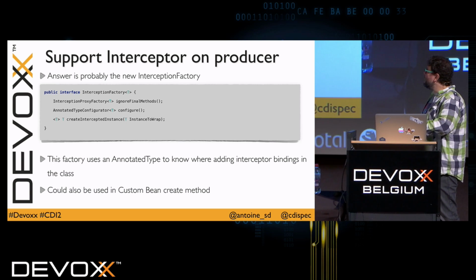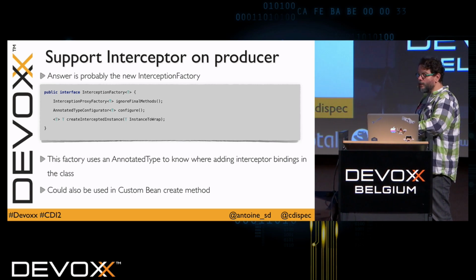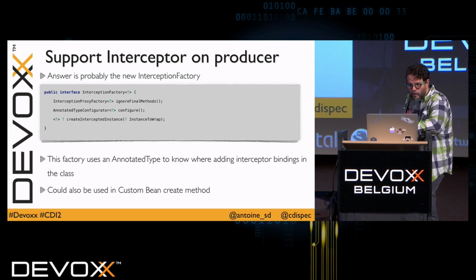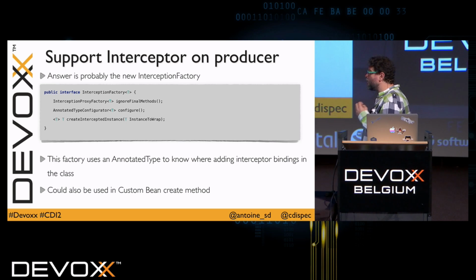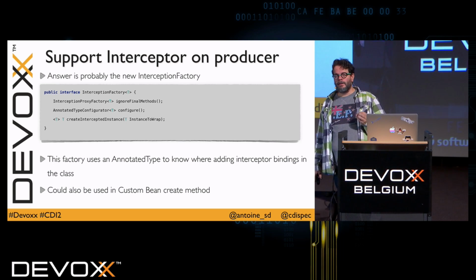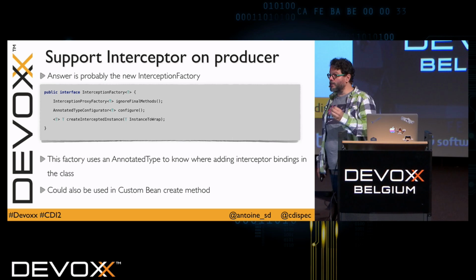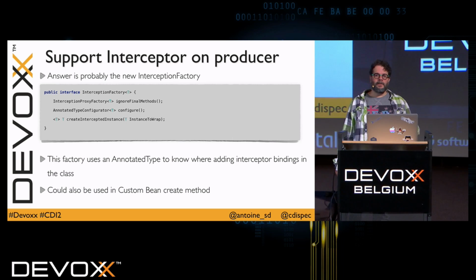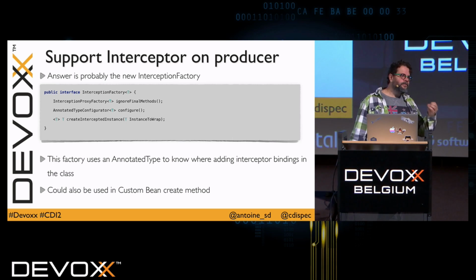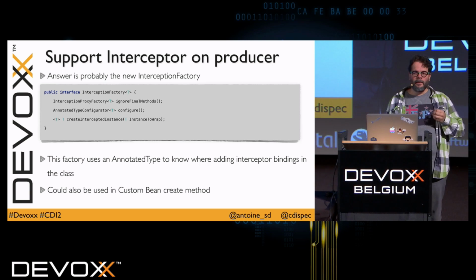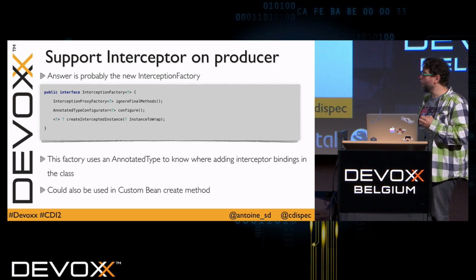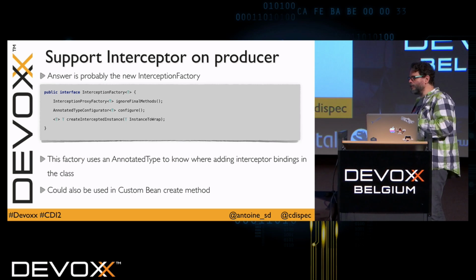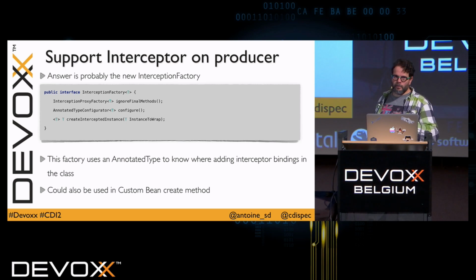So we are introducing a new SPI interface called InterceptionFactory. The InterceptionFactory will allow you to take an instance that is not managed and not created by the container, and apply all the features or services from the container on this instance. So for instance, the interceptor. That's the first point here. We want to have the interceptor.